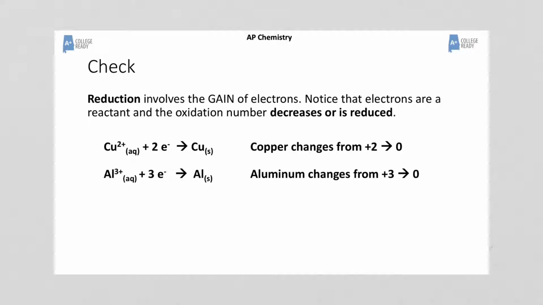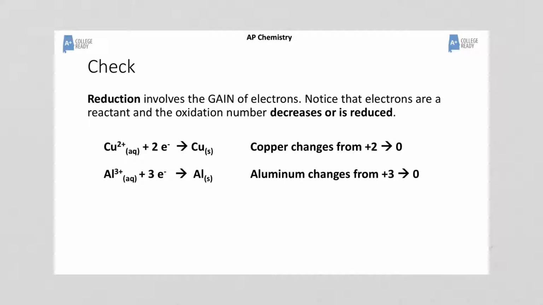We're going to get to how these numbers come into play. But notice copper 2+, that's an ion, so its charge is going from 2+. When we have a solid piece of metal, we say it has an oxidation number of 0. It doesn't have an overall charge. You think of it as being neutral. So you can see that 2+ plus 2 electrons is how we got to neutral 0.